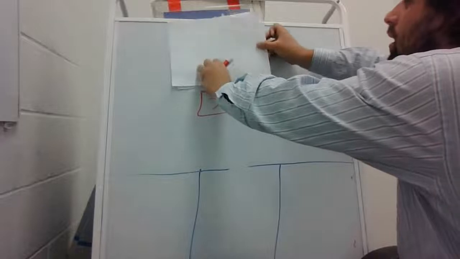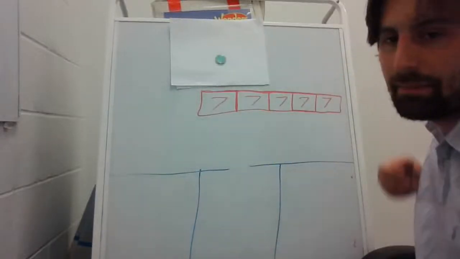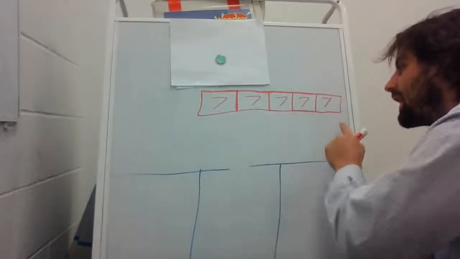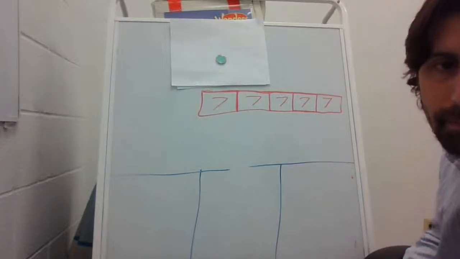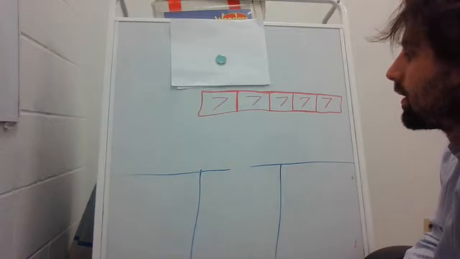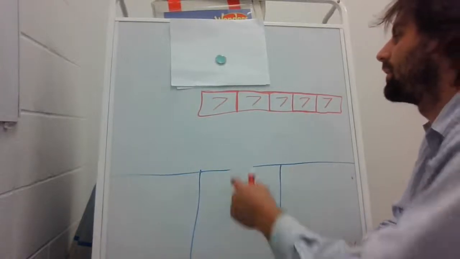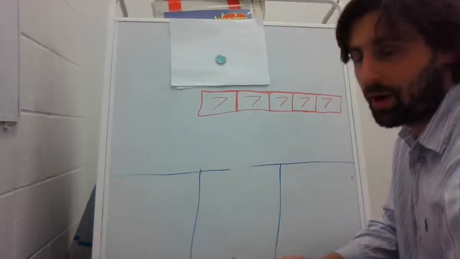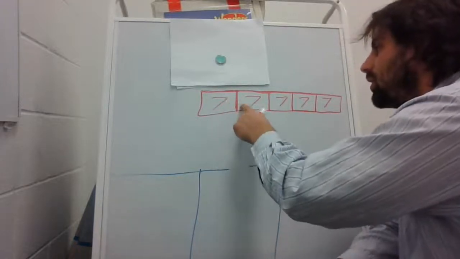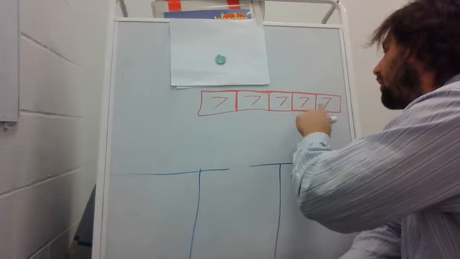So I'm going to cover that top box because this is all we need to look at to find the answer here. So how many groups do we have of 7? How many squares do we have in this bar model? Let me count the squares. 1, 2, 3, 4, 5.